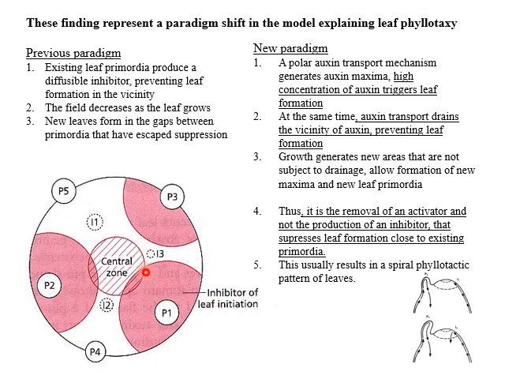So here, if you start with the most recently formed leaf primordia here, when it forms, it secretes an inhibitor that inhibits leaf formation in its vicinity. And that's true for the second oldest leaf primordia here too, it produces an inhibitor in a field around it. But that field is a little bit smaller as it ages. And the field in the third most recent leaf primordia is even smaller.